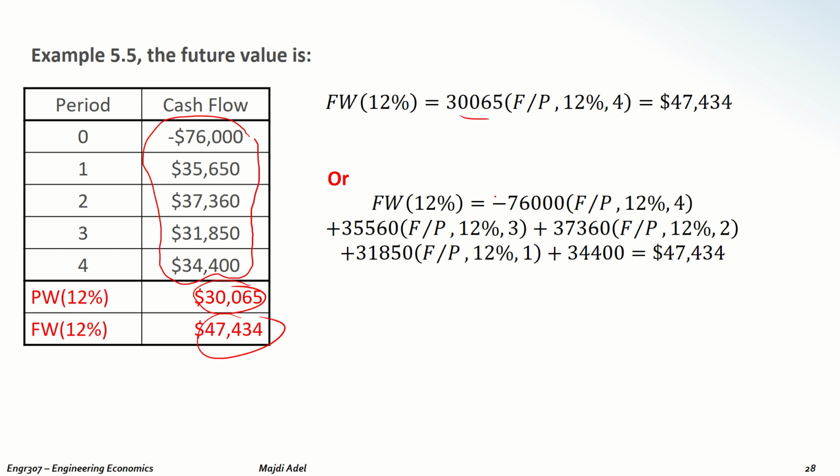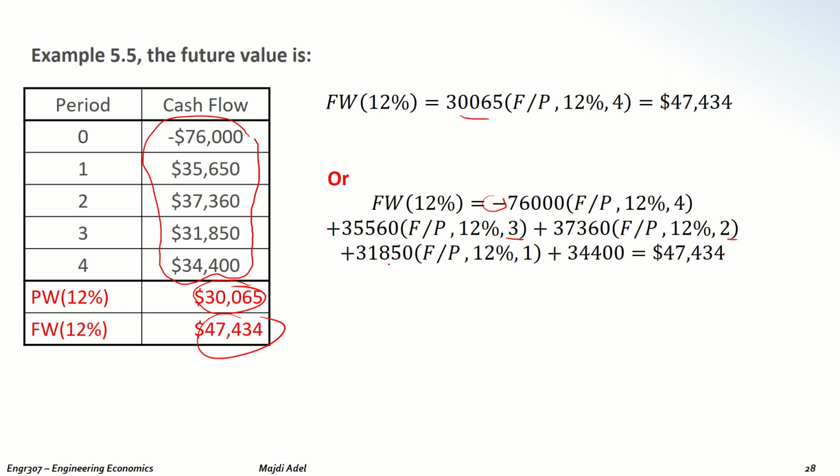Minus 76,000, remember it's minus because it's investment. Calculate F given P at 12% and 4 years. I need to compound it for 4 years. The next cash flow, calculate F given P at 12% and 3 years. Then 37,000, calculate F given P 12% 2 years.